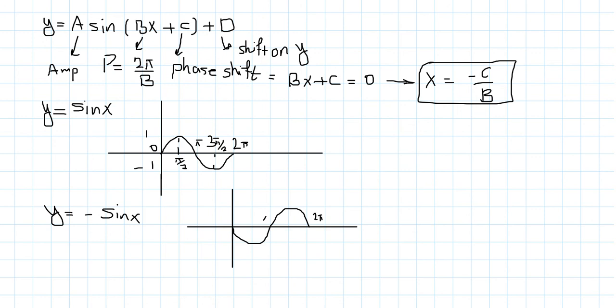I have pi here. I have 0. I have pi over 2 in minimum point, and I have 3 pi over 2 in maximum point. It is the whole shape of sine x and minus sine x. So when we have minus sine x, we start from down. When we have sine x, we start to go up.